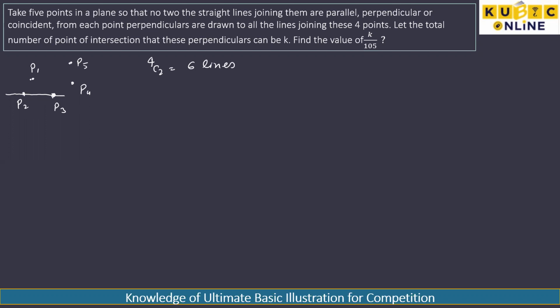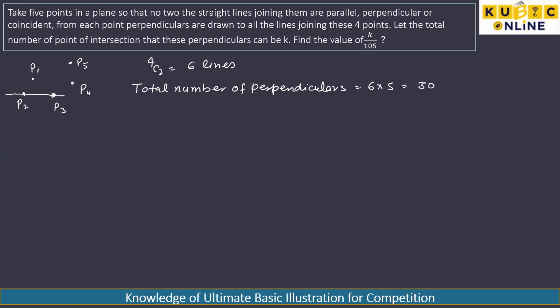And with respect to 6 lines, how many points of intersection are there? So we have to find the total number of perpendiculars, that is 6 multiplied by 5.